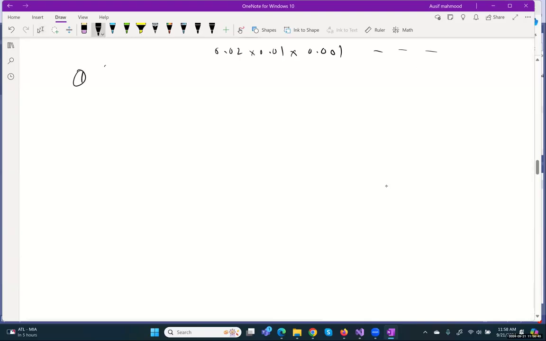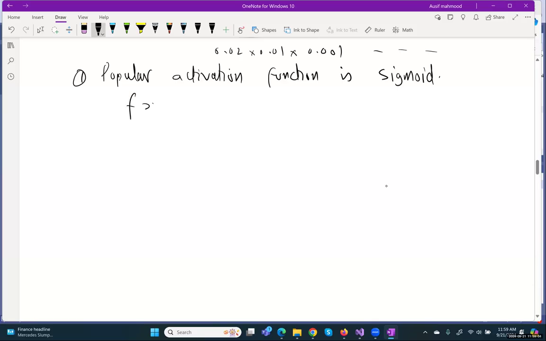So one popular function is called sigmoid. The equation for the sigmoid is f(x) = 1 / (1 + e^(-x)).